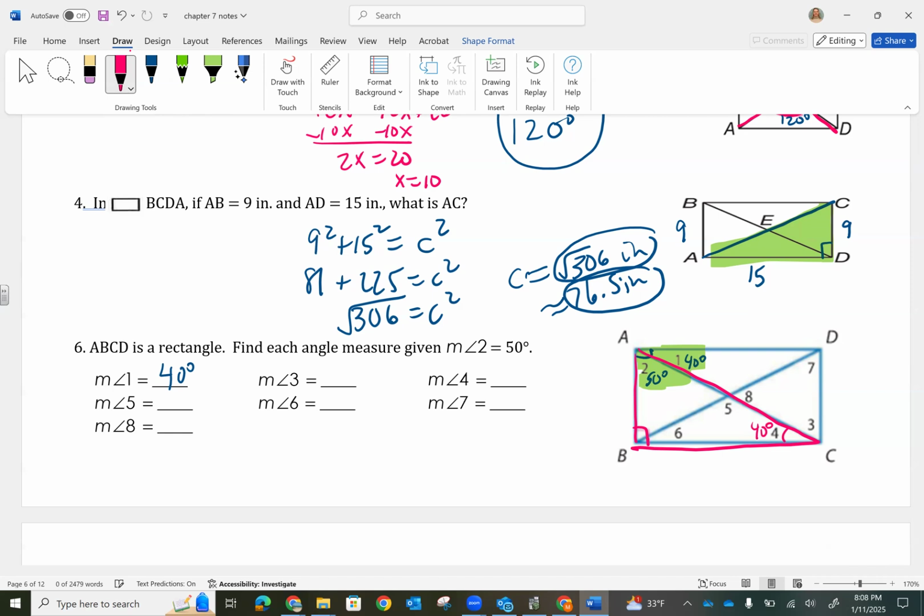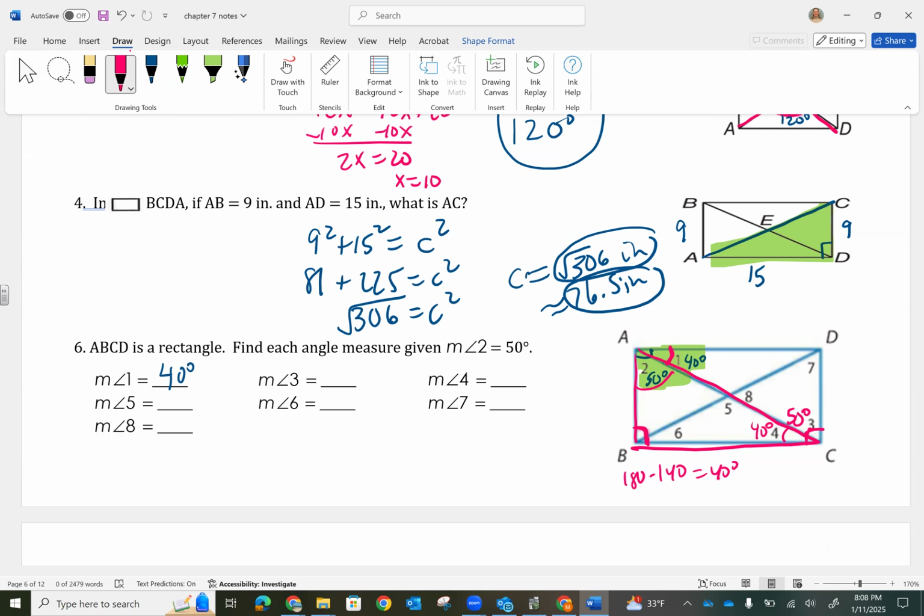Okay, so adding 50 with 90, you get 140. Subtract it from 180, you get 40 degrees down here. Now, the other thing that is going on is you have alternate interior angles. That's an alternate interior angle with this one right here. This angle down here is 90, so this will be 50 degrees. So that's kind of good to know.